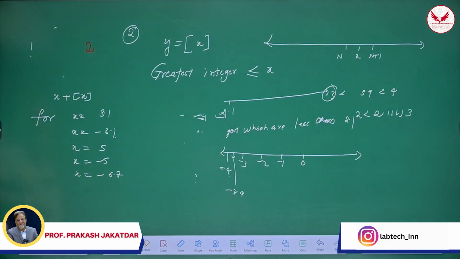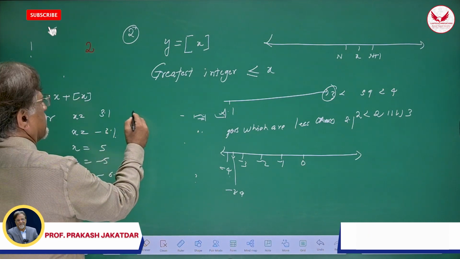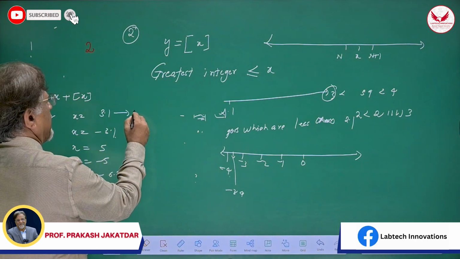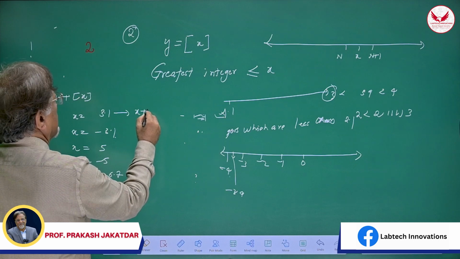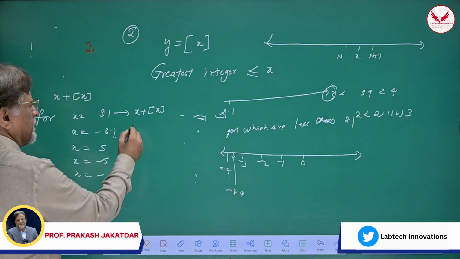And I want to find these values. Fine. So for the first, what value will come? Look, x plus the integral part of x, or greatest integer function of x.